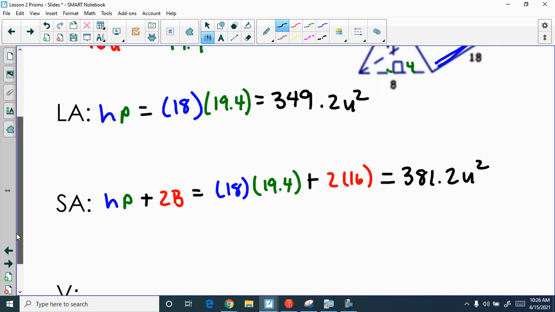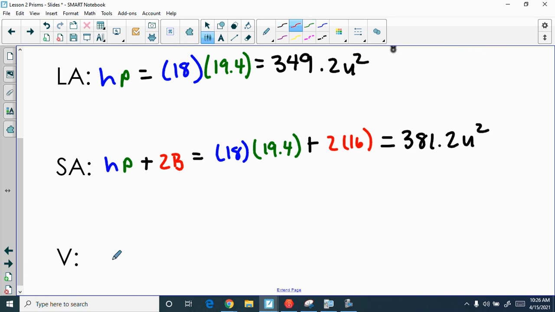And for our last one here, our volume is going to be big B times our height, which gives us 16 times 18, or 288 units cubed.